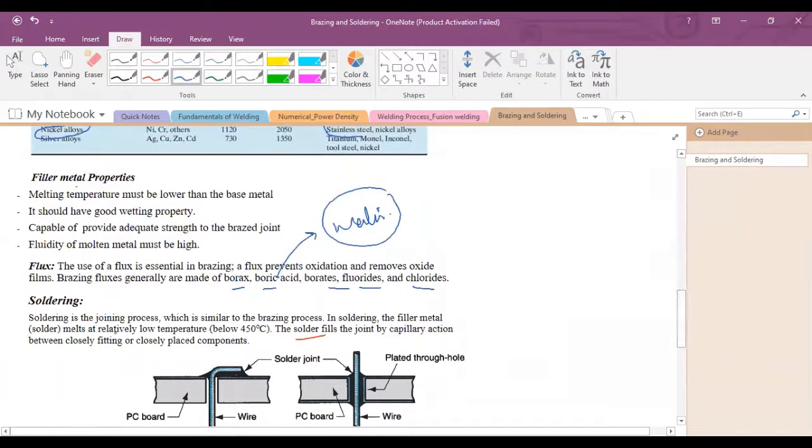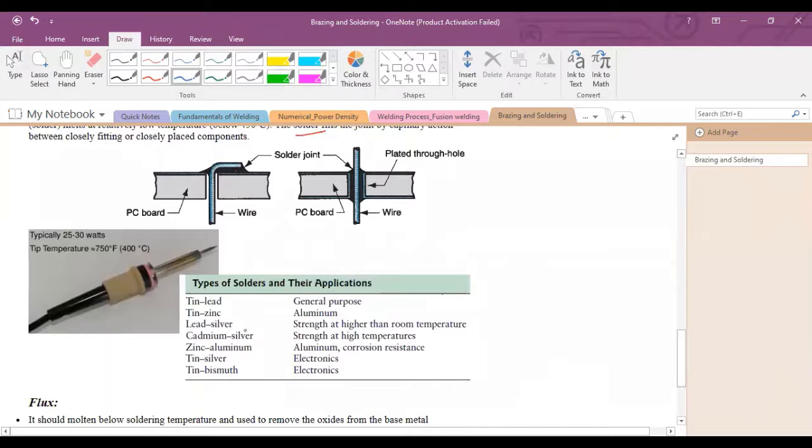Next, the second type is soldering. This is very similar to brazing. In soldering, the filler material is called solder, and it has a relatively low melting temperature, below 450 degrees centigrade. This filler material is filled inside this clearance by capillary action.